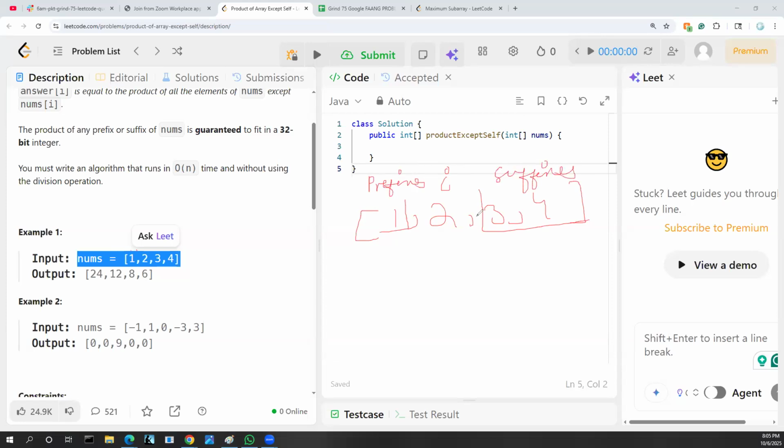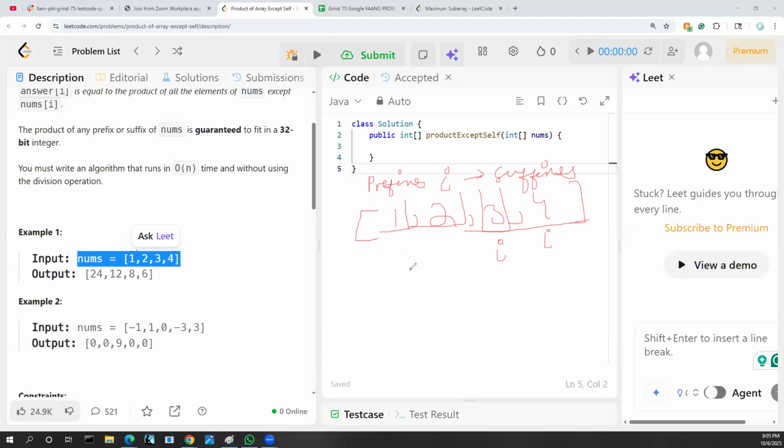What this will allow you to do is to segment the array into two sections, and the kind of section that can increase and decrease with time. Because as my I moves forward to the next element and the next element, my prefix window will increase and my suffix window will decrease.